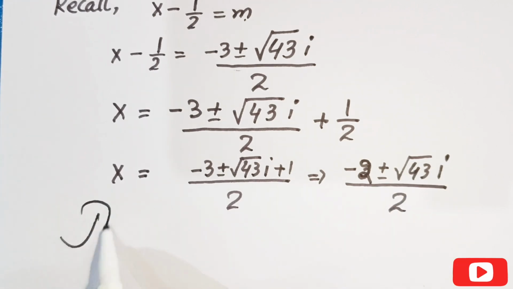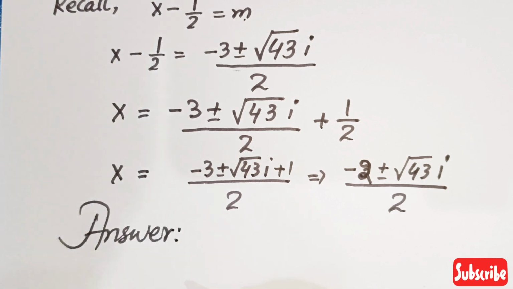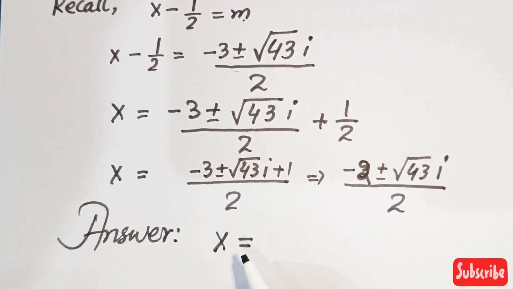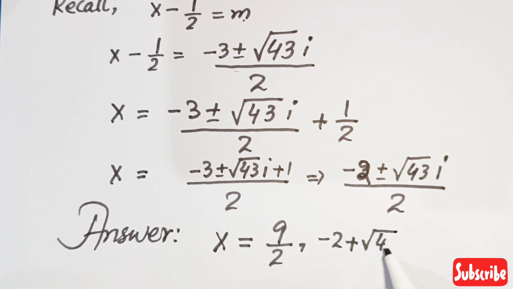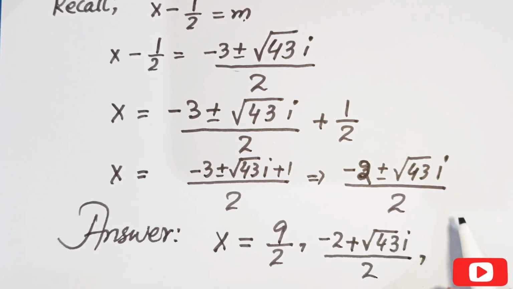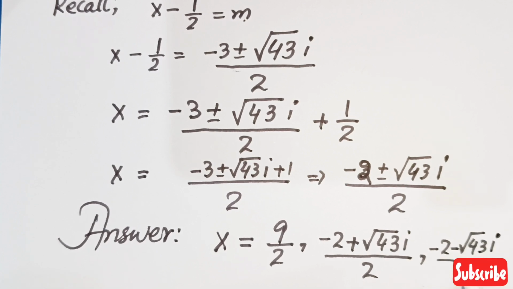So our final answer will be, the value of x is, the first value of x that we have just found out, 9 over 2, and the second and third values of x are minus 2 plus square root of 43 i over 2, and minus 2 minus square root of 43 i over 2.